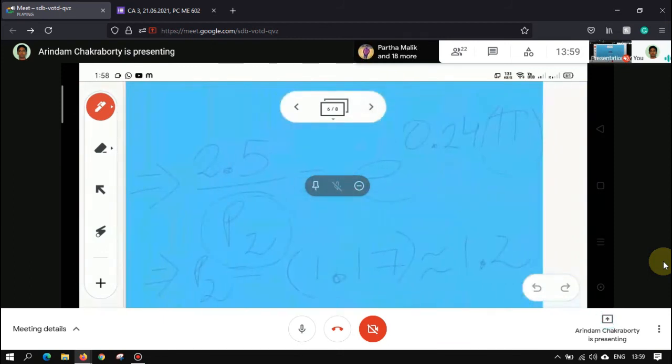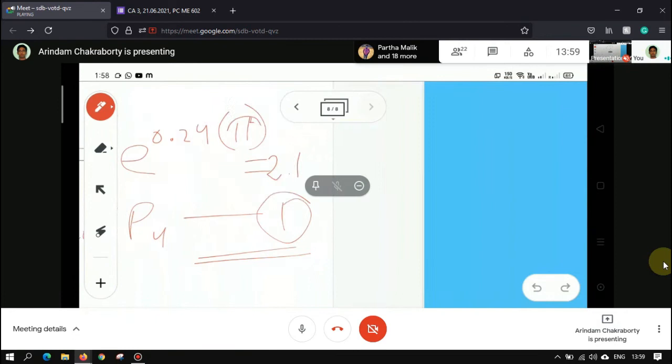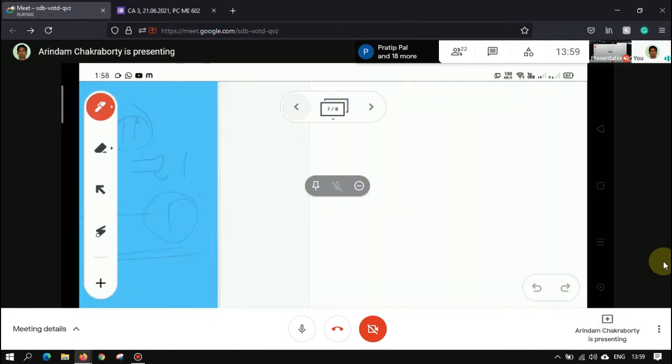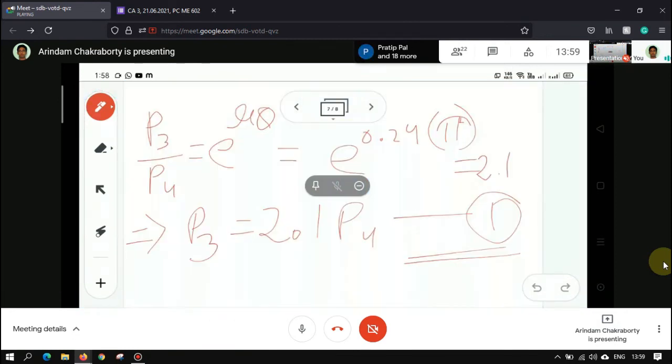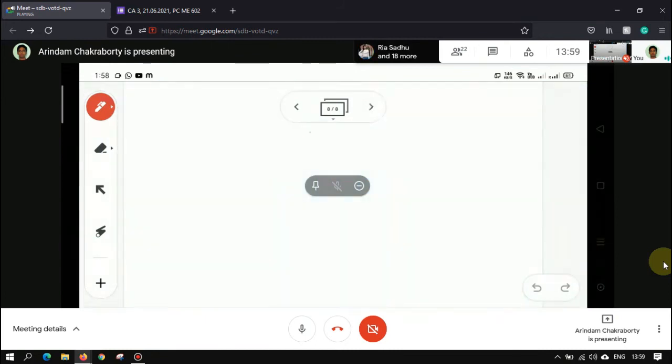So since I know the torque on pulley B, let us write it in this manner.